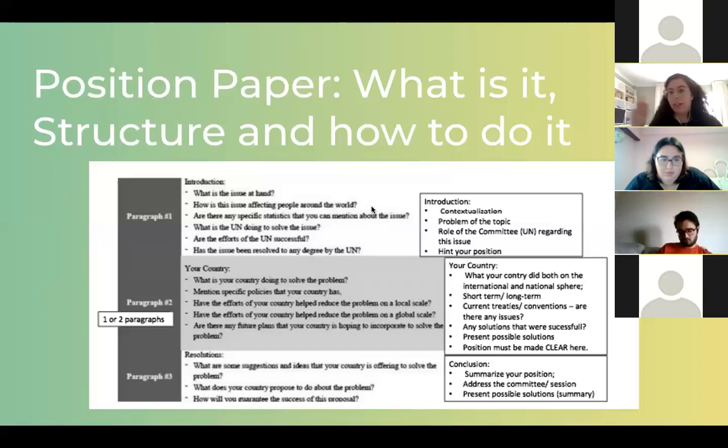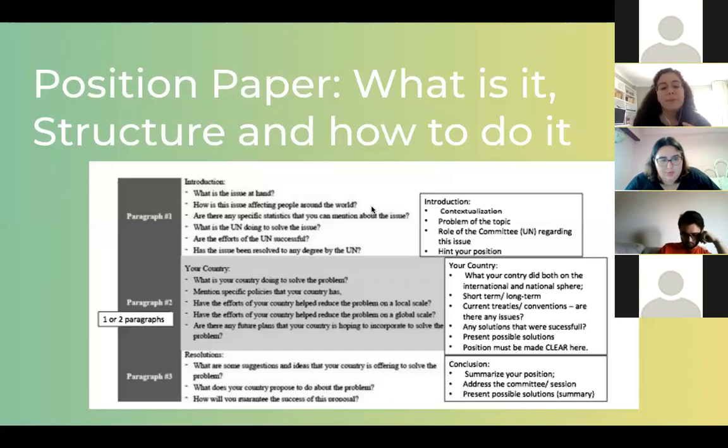In the second and third paragraph, you actually talk about laws you passed, international treaties that you signed, protocols, etc. If you were a part of something that helped with this issue, and in the end you just say, I am against this. Just close the idea, basically.